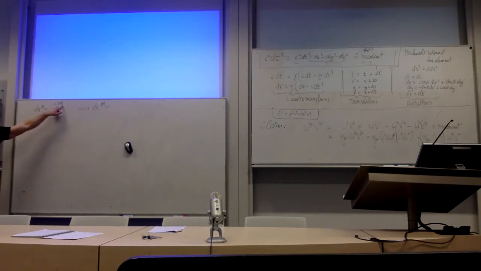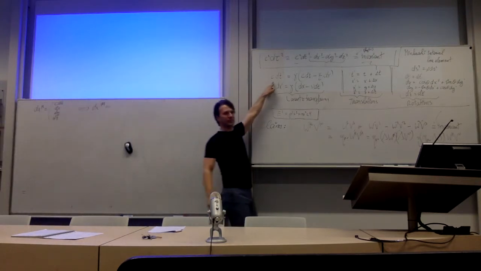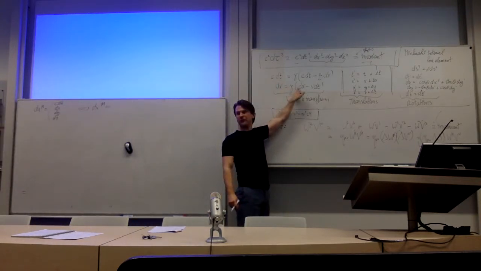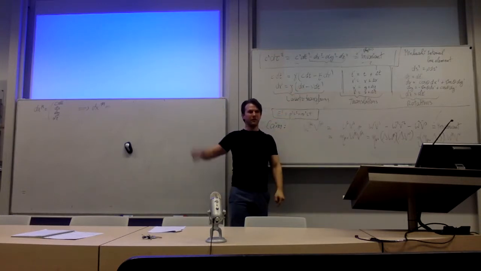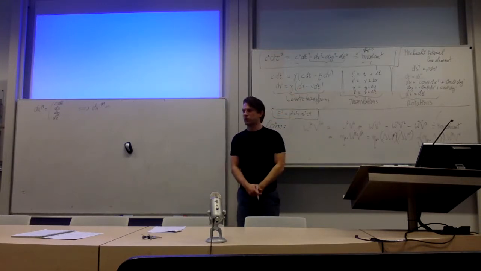Now, I know how to Lorentz transform dt's. There you go. I also know how to Lorentz transform dx's. So again, is this a 4-vector, that thing? Does it change according to a Lorentz transform?